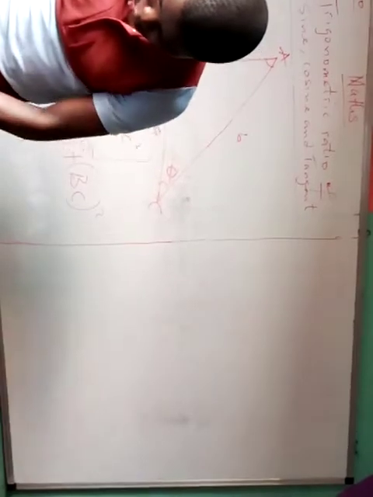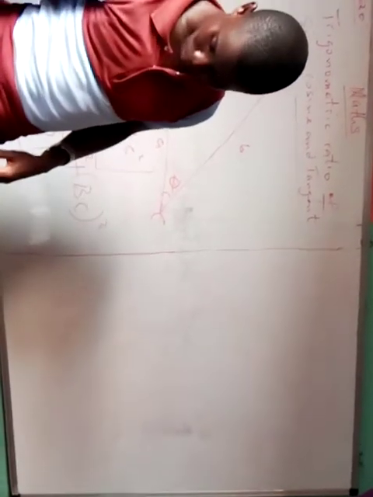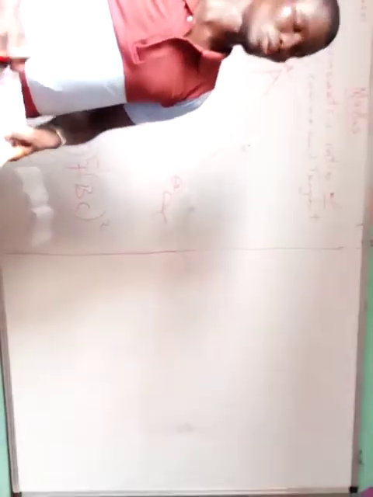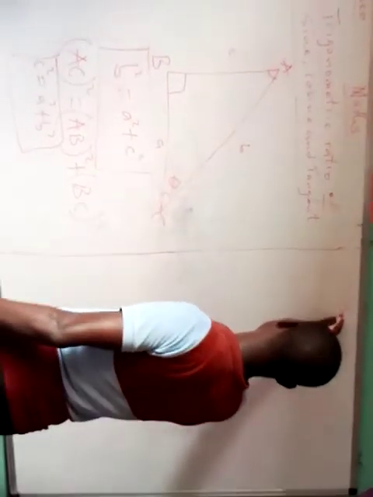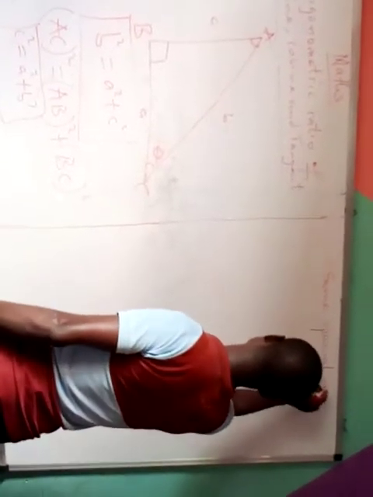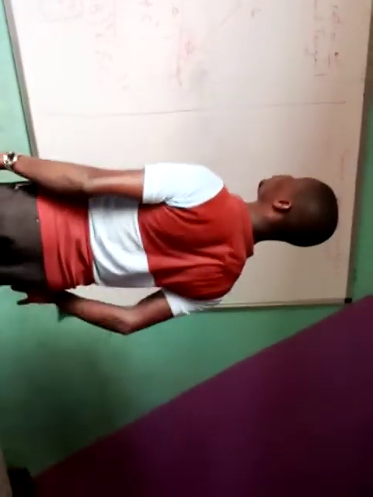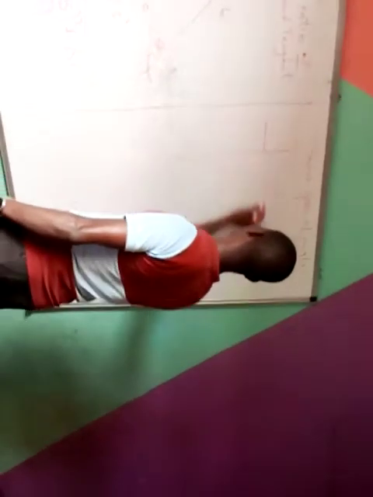Now, before that, I want to give us some basic special angles, because we need those angles to solve some problems related to trigonometric ratios of sine, cosine, and tangent.